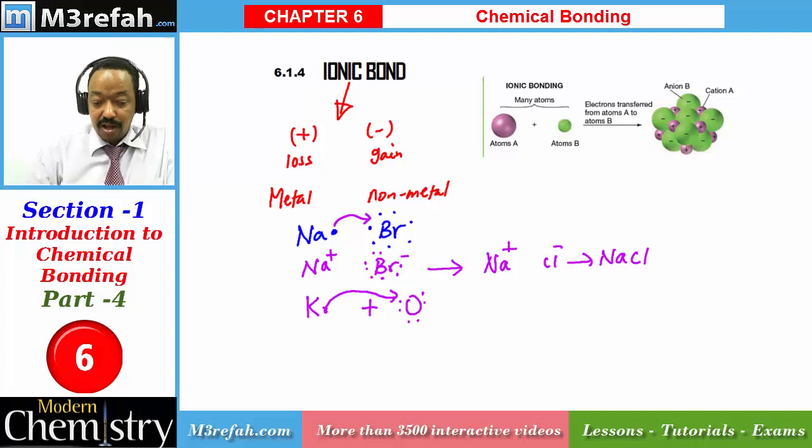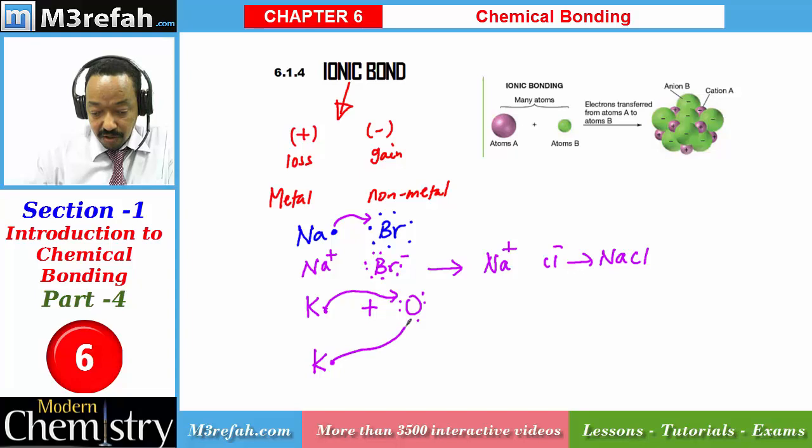So in order to facilitate this process, there must always be 2 potassium atoms contributing to the transfer of electron, so that we have a compound K2O.